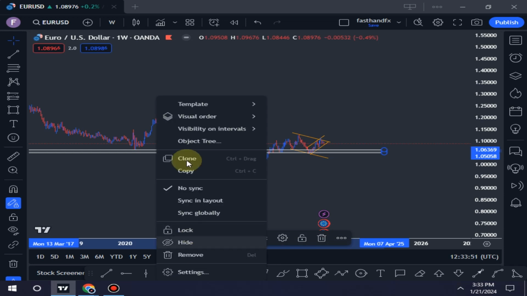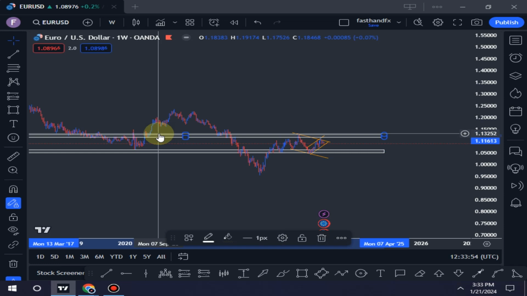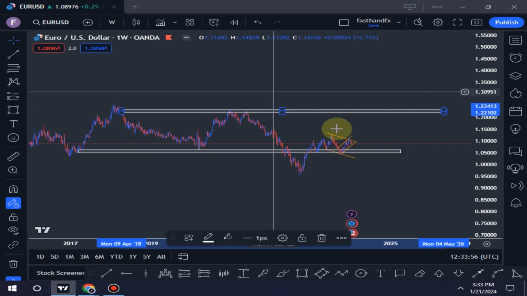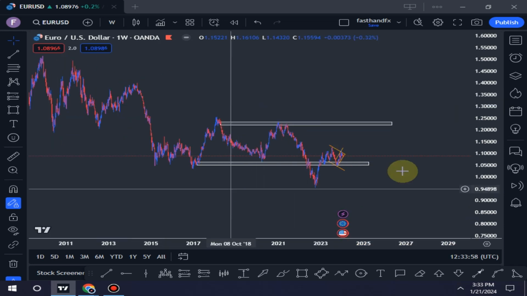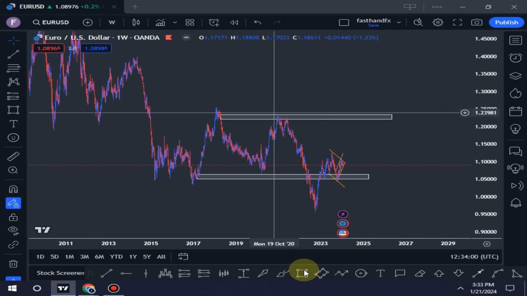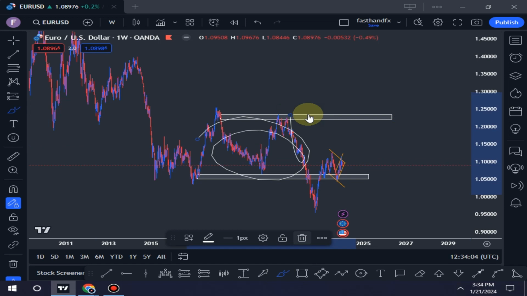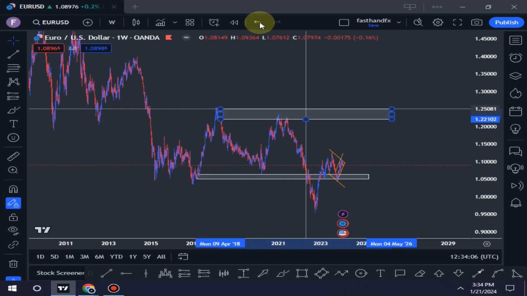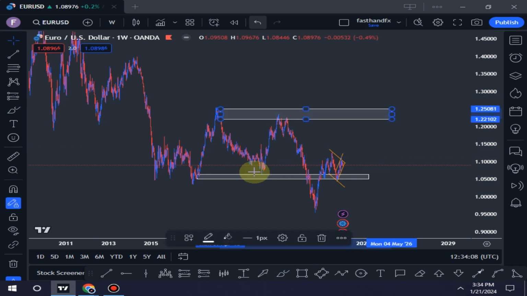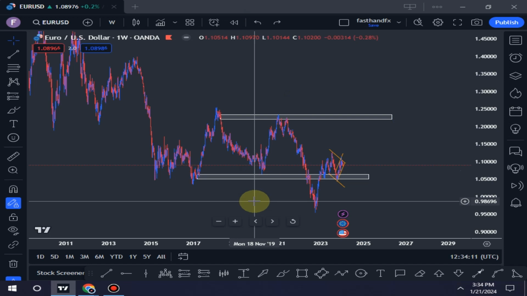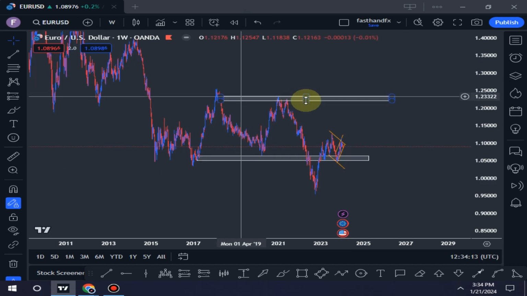Okay, so we can just say we are playing around this level right here. So for our demand and supply zones, as usual, the top is our supply, and right here is our demand zone. Okay, so let's continue.